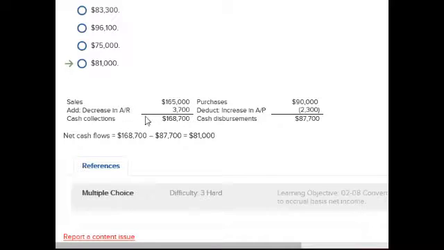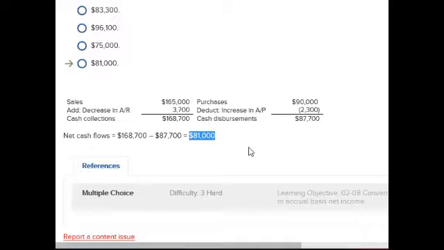One is coming from cash collection. Another one is cash disbursement, meaning how much we paid. When you add them together, meaning this is how much we receive from my customer and this is how much I pay to my suppliers, overall the net cash change was 81,000 in this year.